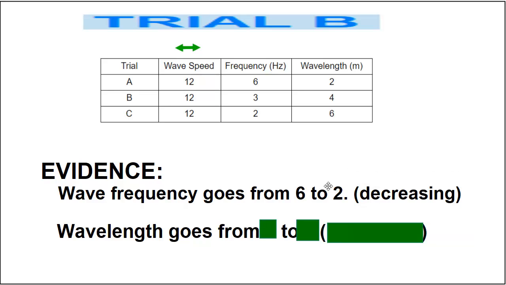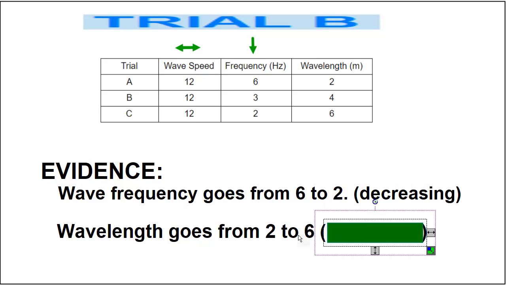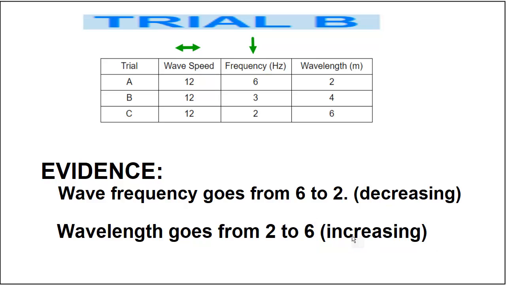Decreasing, because that's going down. 6 to 2 is getting smaller. So this is decreasing, down. Now, wavelength. What's wavelength doing? It goes from 2 to 6. So is this increasing or decreasing? This is increasing because it's getting bigger from 2 to 6. So that arrow is going to be up. So that's our evidence. We got the evidence done.